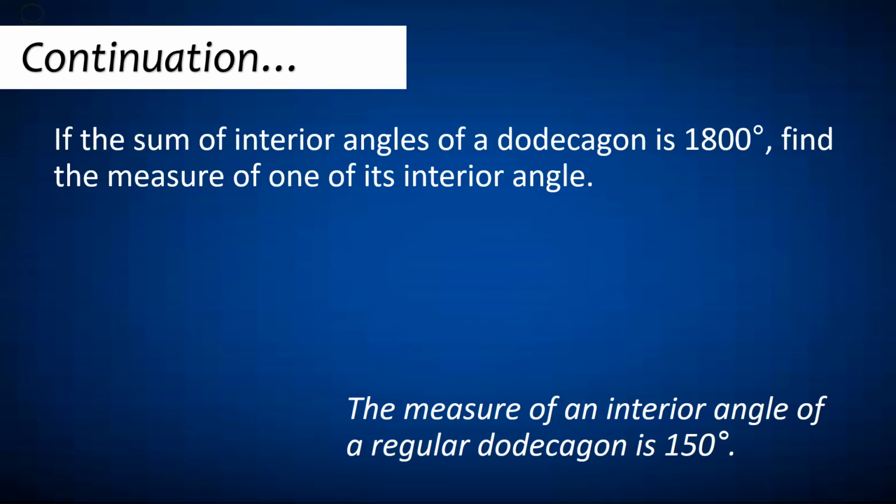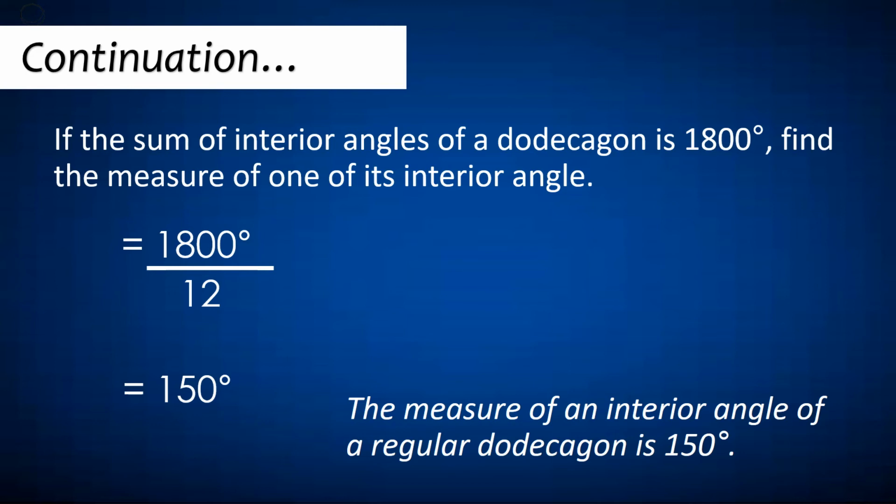Remember na ang given natin is a regular dodecagon. Meaning, kung regular dodecagon yan, pare-parehas yung sukat ng sides niya. So all you have to do is to divide yung 1,800 sa 12. Dahil 12 sides, meron ang dodecagon. At ang 1,800 degrees divided by 12 is equal to 150 degrees. So the measure of an interior angle of a regular dodecagon is 150 degrees.